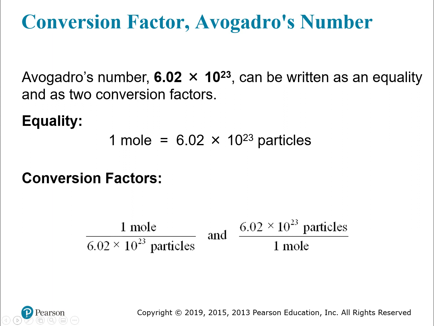We can use Avogadro's number as a conversion factor, which means that we can write an equality as well. 1 mole is equal to Avogadro's number, which is 6.02 times 10 to the 23rd particles. The conversion factors, which look like fractions, you're going to take the 1 mole and 6.02 times 10 to the 23rd and write a fraction. Then you write the reciprocal.